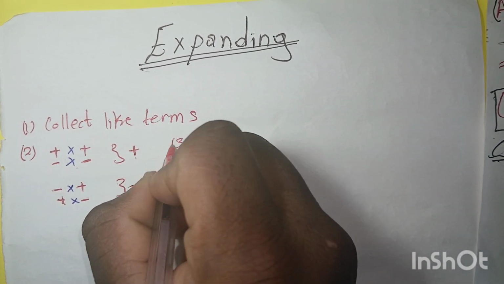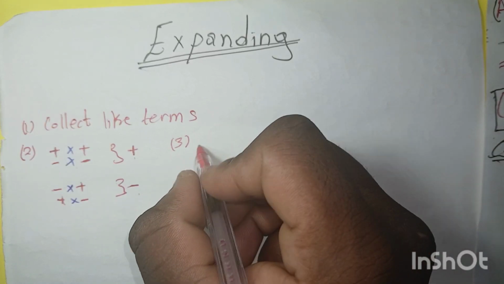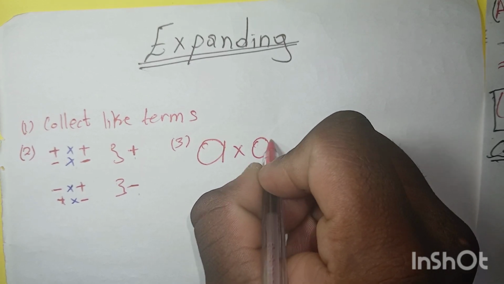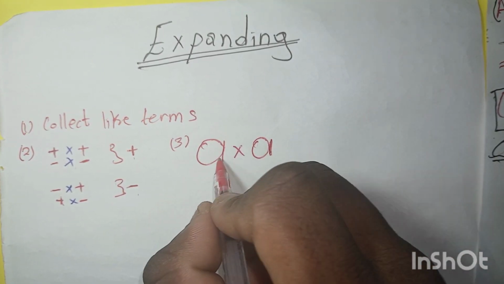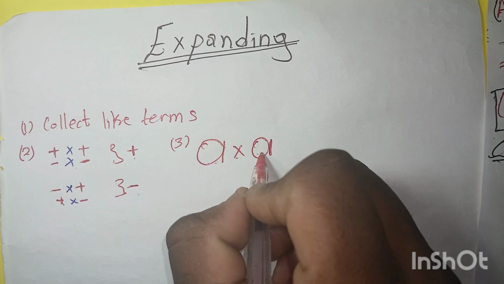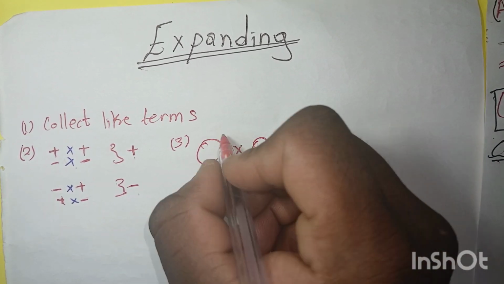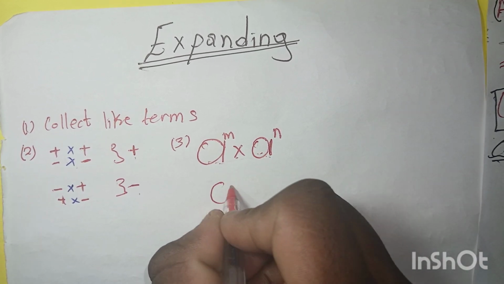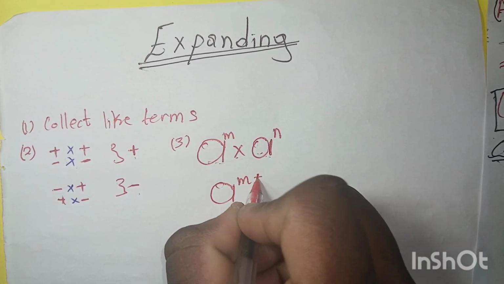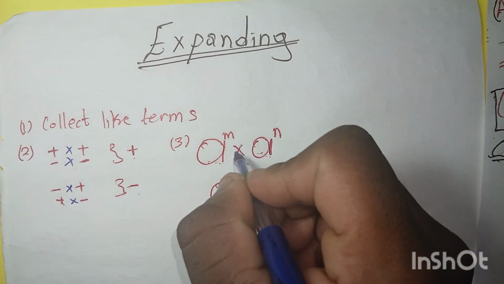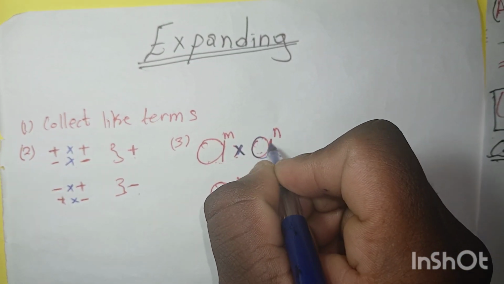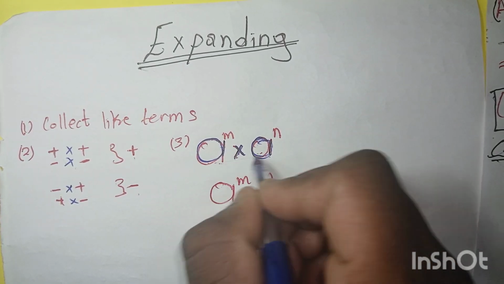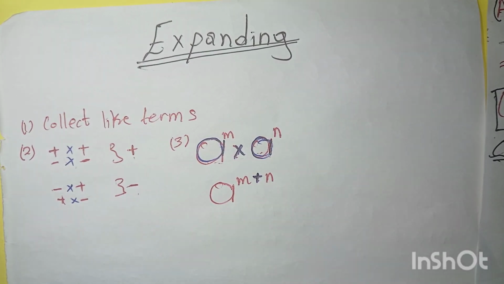And the third rule that you should know is from laws of exponent: if you multiply the same base, you will add the exponents. This one, it is the same base, so you add the exponents.